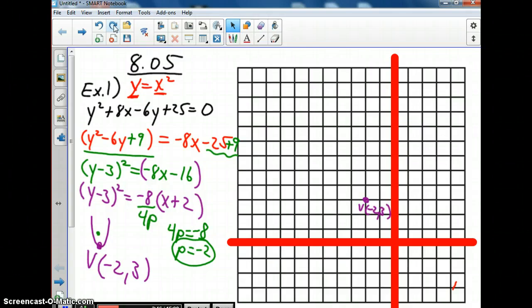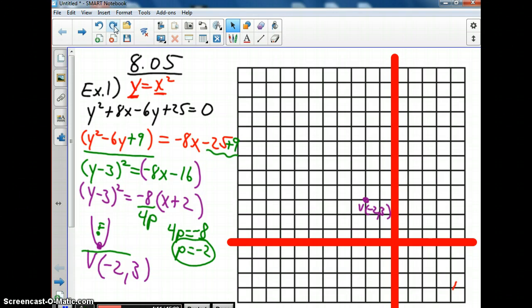In the opposite direction from the vertex, so negative 2 in the opposite direction, or 2 in the opposite direction, is a line called a directrix. There's the focus, and then you see this line here called a directrix. The same distance, opposite direction. These two things, the focus and the directrix, help to form the parabola.